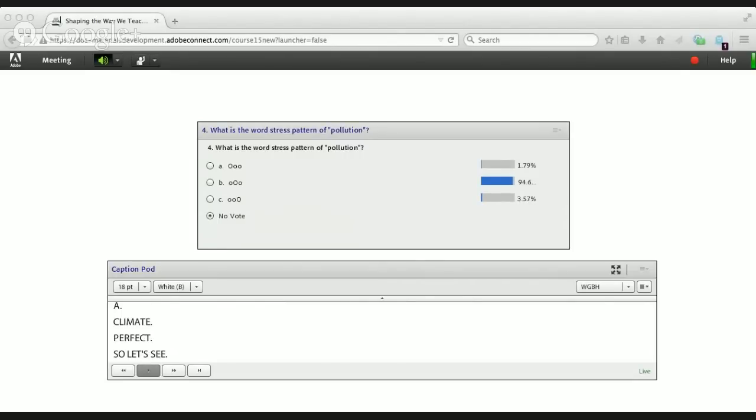What is the word stress pattern of, listen carefully, pollution? Actually, most of you were getting it right before I even said it. Pollution, da-da-da. So absolutely correct, and B, most of you have guessed that, B. Yep, there we got 100%. So the middle syllable is stressed.